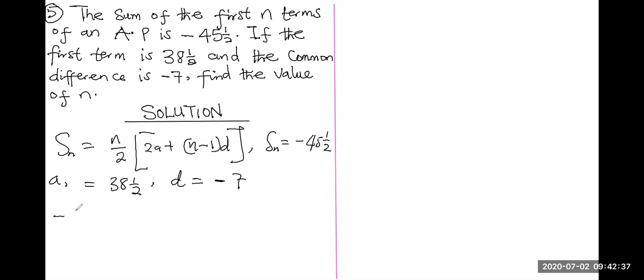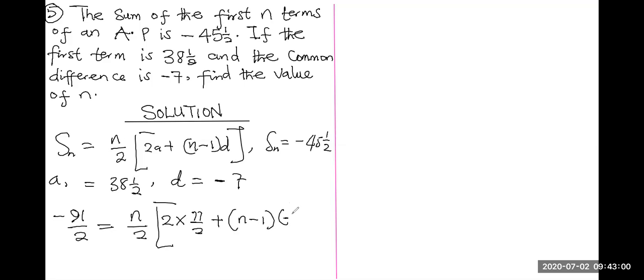So I have minus 91 divided by 2 equals to n divided by 2 into the formula 2a, 2 multiplied by 38 and a half, it is 77 over 2. So 77 over 2, then plus, we don't know our n minus 1, and our d is minus 7. So this is what we have.